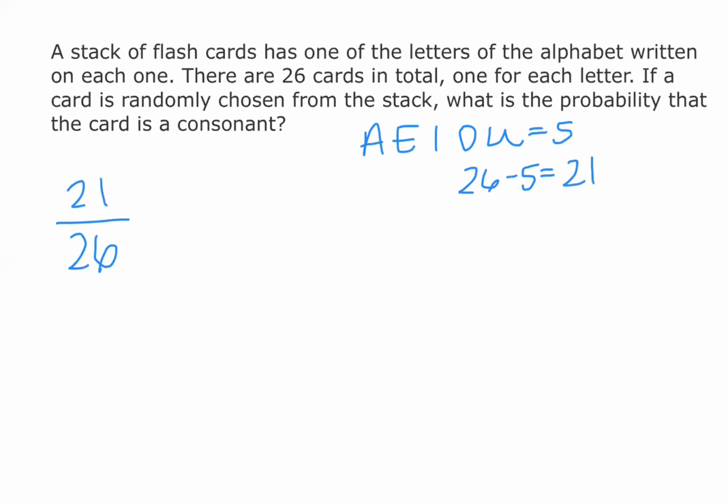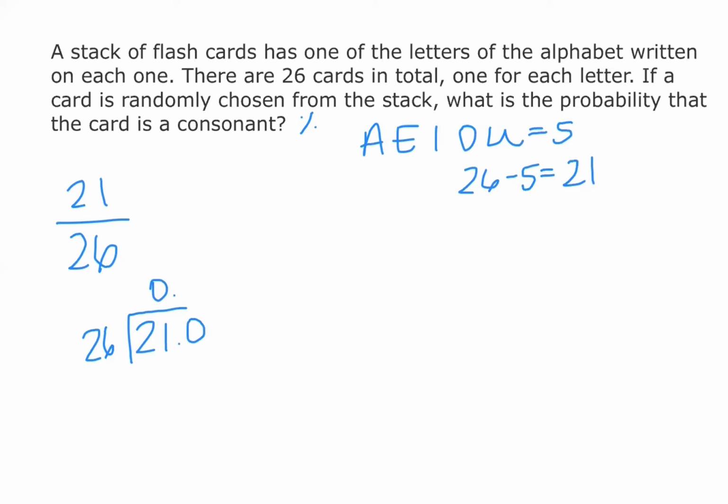All right, so now remember we're looking for this as a percent. So step 1, we're going to divide. 21 divided by 26. 26 goes into 21 0 times. I add a 0. 26 goes into 210. 26 is pretty close to 25.